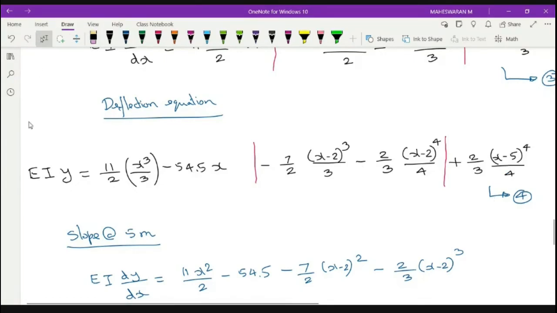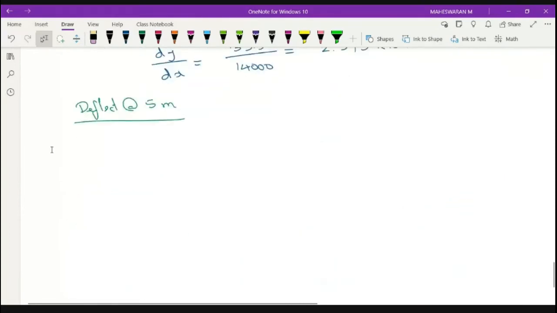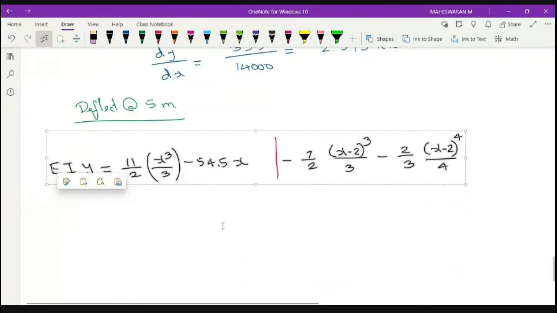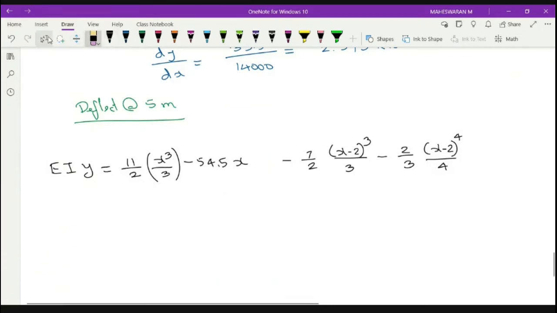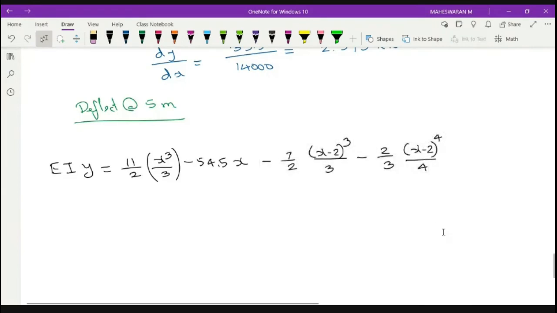Which means my equation has to be from here to here. This is my equation. So let me have it here in the deflection. Okay. Now I am going to substitute x is equal to 5.